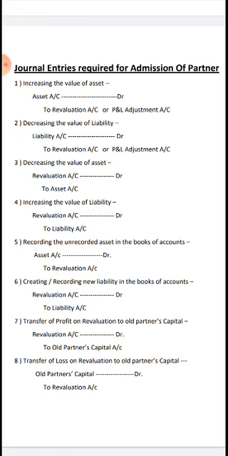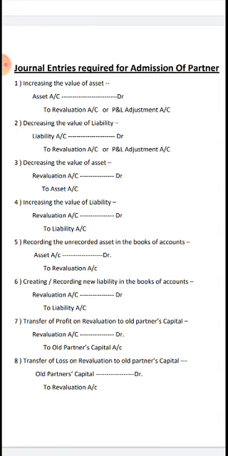Now fifth transaction, recording unrecorded asset in books of accounts. Suppose assets are not recorded in the books. Unless and until you record that asset, it will not be shown in the books of accounts. So you have to record that unrecorded asset.